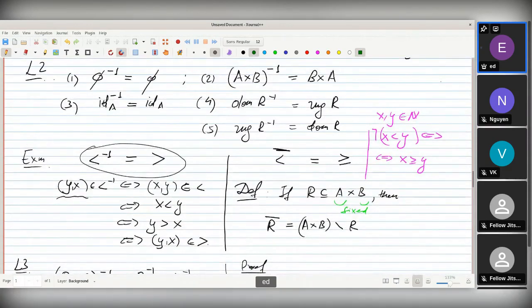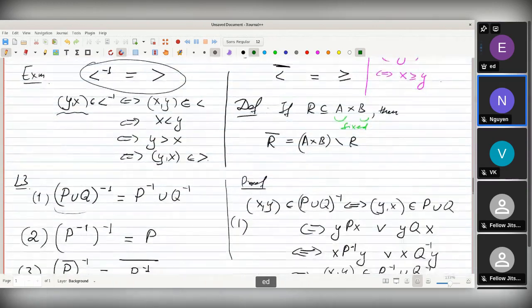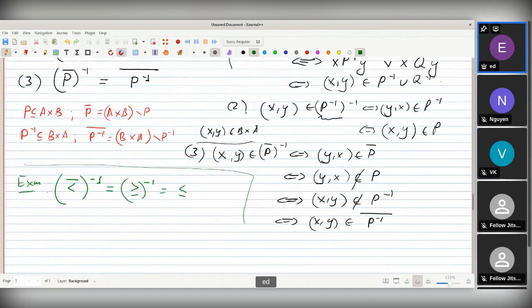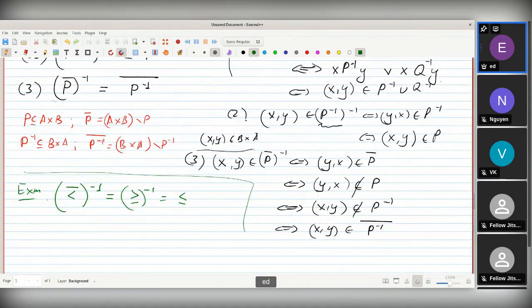The complement is greater or equal. So here we have greater or equal converted. What is the converse? Less or equal. Brilliant. This was our left-hand side.